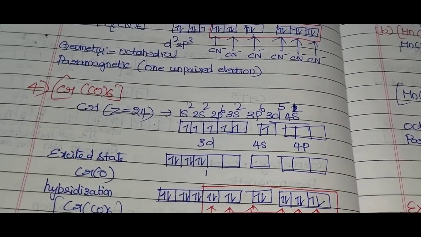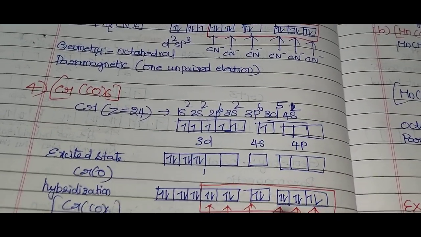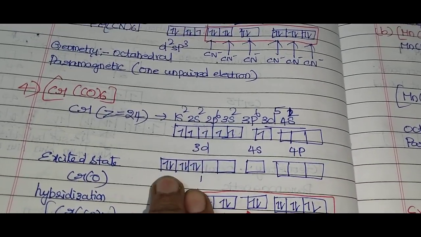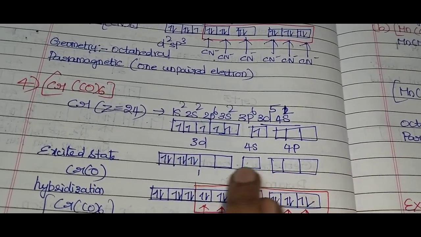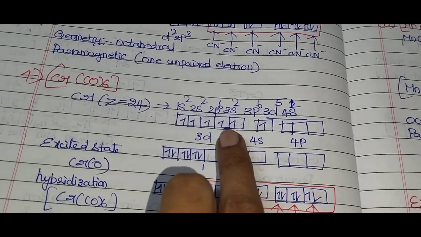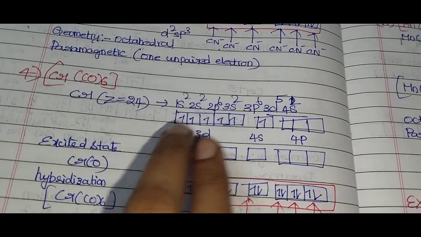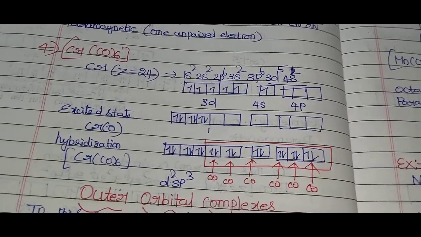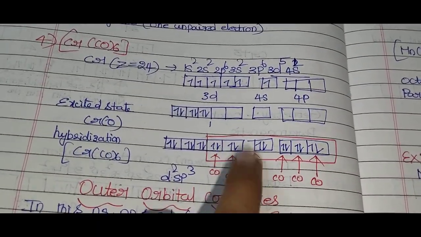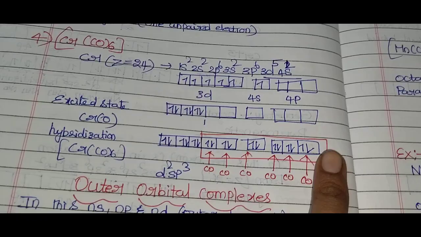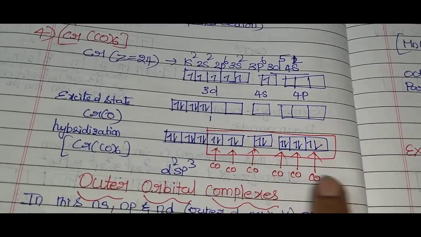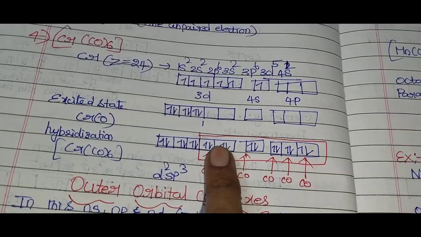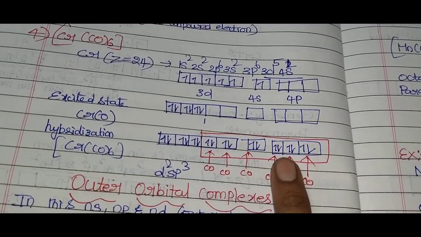The electrons are forced to pair up. So these 3 electrons are forced to pair up here to make the orbitals vacant. So 1, 2, 3, these 3 are paired to these 3. So these 3 are paired now, ready for hybridization, and all the 6 CO ligands attack the 6 places, like d2sp3: 2 places of d, 1 place of s, 3 places of p.